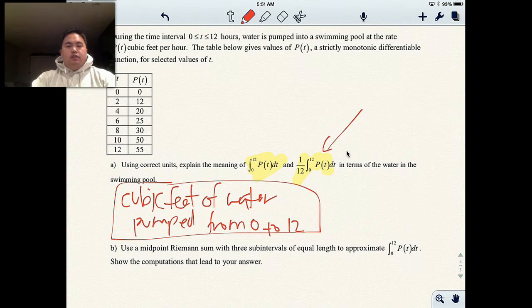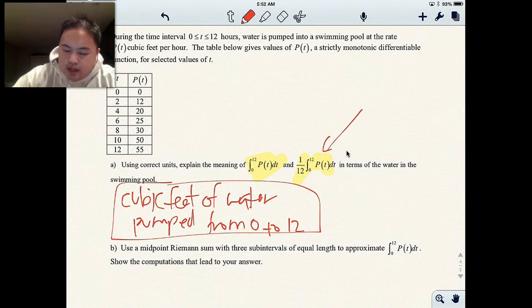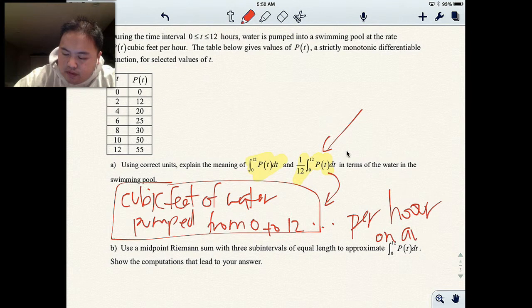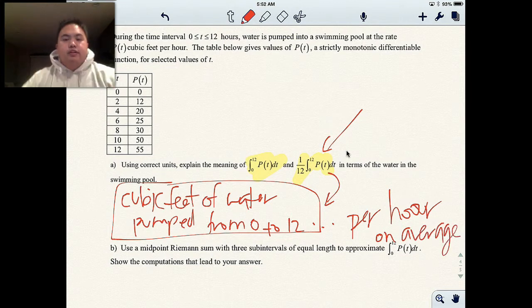Even if I pumped in, say, a million feet of water, dividing by 12 hours tells me how much is in there per hour. So I'm just going to add, I'm going to cheat here, per hour on average. That's the difference between that and that.